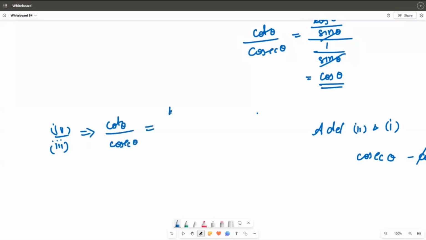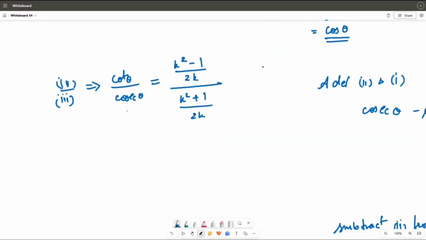Cot theta is equal to k squared minus 1 by 2k, and cosecant theta is k squared plus 1 by 2k. After simplification we got this as cos theta, and this 2k gets cancelled, therefore it is k squared minus 1 by k squared plus 1. That is the thing they told us to find.